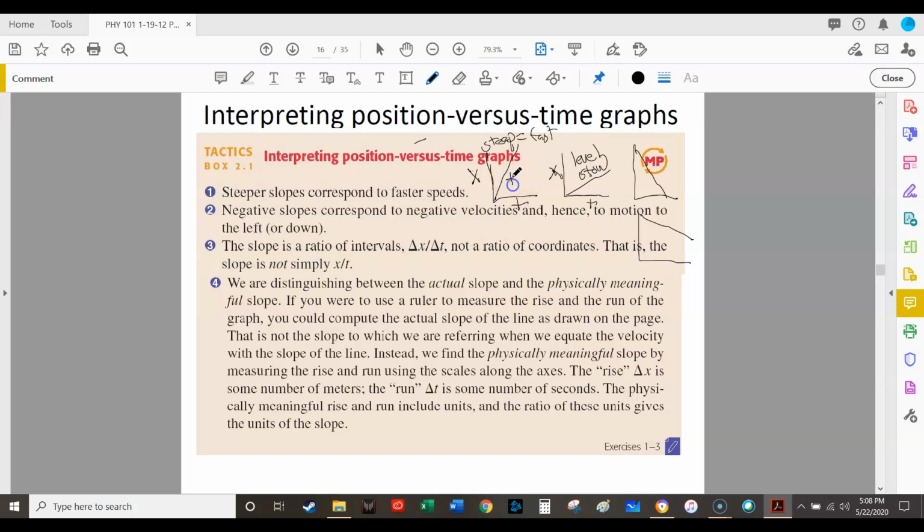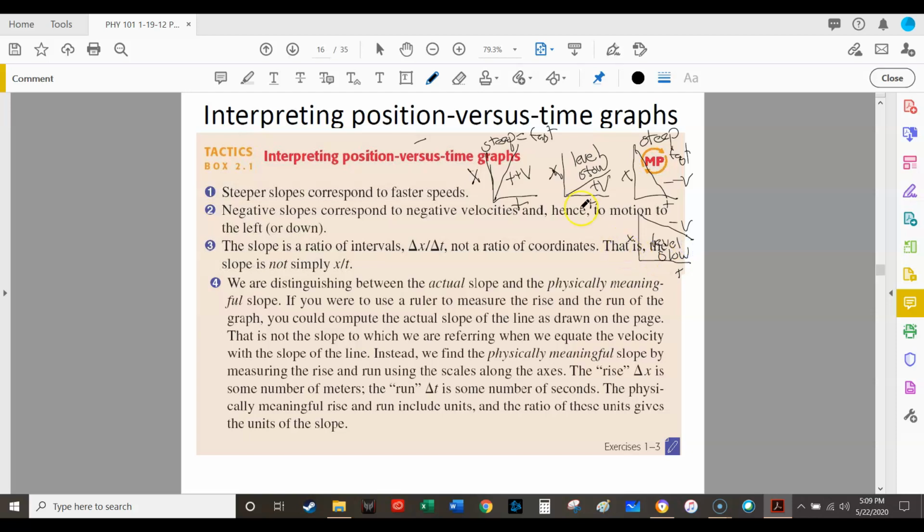This is a very positive velocity, and this is just a positive velocity. This is a very negative slope, but it's still steep, so it's fast. And this is a not so negative slope, so this is a level slope as well, so it's slow.